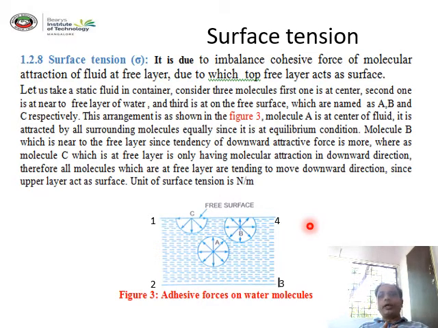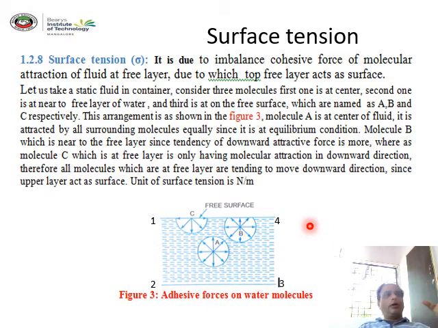In a particular case, if you take water as an example, the tendency of cohesive force is in the downward direction. So the free surface is in a convex shape. One force is pulling your free surface in the downward direction. The other force, the adhesive force, is acting in the opposite direction.